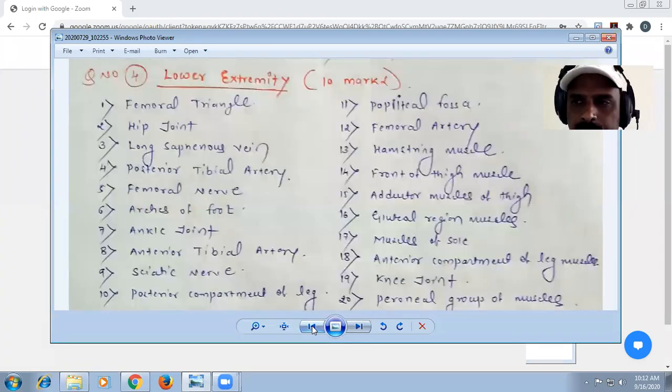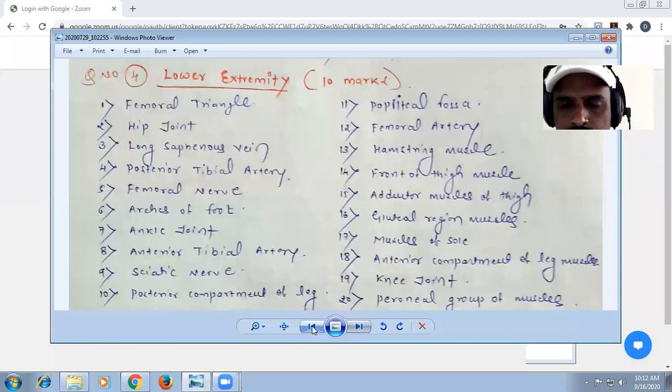So my dear students, concentrate on the lower extremity, because I have already told you the upper limb carries 60 marks. If you do the upper extremity, then the lower extremity is 40 marks. So upper extremity 60 and lower extremity 40, and there is no other part you need to study; you can pass very easily. So is it clear?